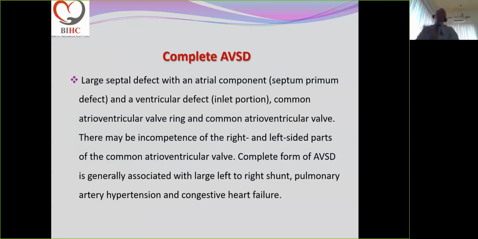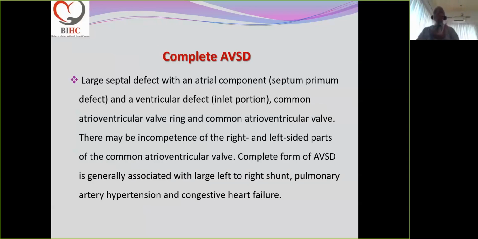Now, a complete AV septal defect means there is a large primum ASD, there's a large inlet VSD. The AV valves are common, they share a common ring. So we call it a common AV valve rather than a mitral or tricuspid AV valve.